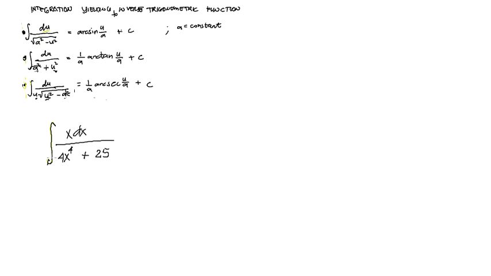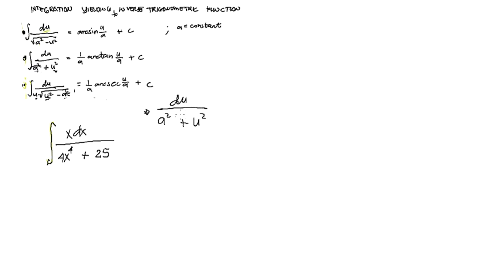Okay, so first simplify this integrand by doing some algebra. Here, as you can see, we don't have the square root sign, and the most similar form to this one is our second formula, which is equal to du all over a squared plus u squared.